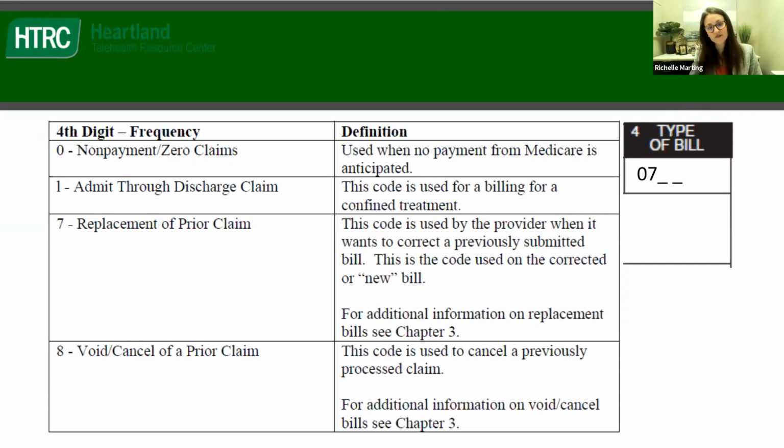On that 4th digit, or again, the Medicaid agencies might call it the 3rd digit because they ignore that leading 0, the options are a 0 pay claim. Typically it's going to be a 1, an admit through discharge, or essentially a claim for the entire encounter, which is usually confined to a single date of service.